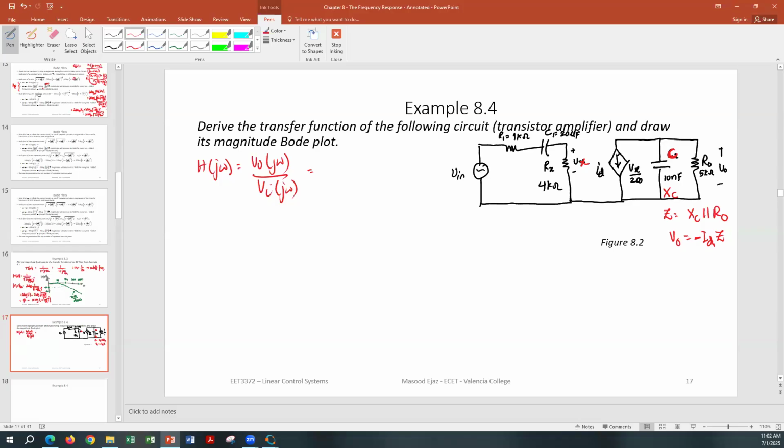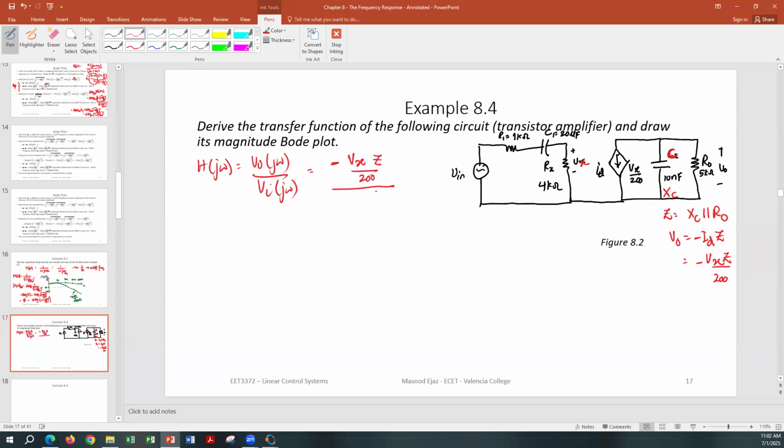And ID depends on Vx, and Vx is on the left hand side of the circuit. So ID is negative Vx times Z over 200. All right.